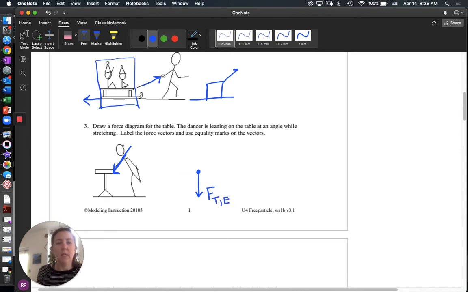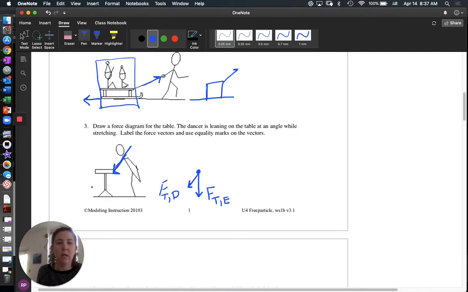And then this dancer is pushing sideways on the table, right? Pushing, and even though it's pushing this way, we draw the arrow coming out. So we push and draw that in the direction that the dancer is leaning on the table. So this is going to be the force on the table by the dancer.